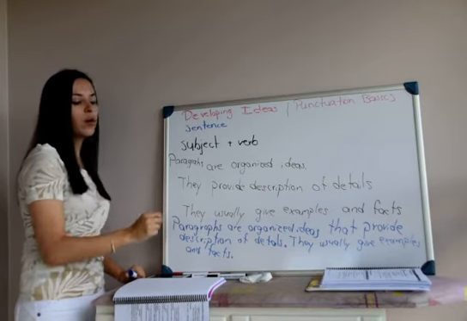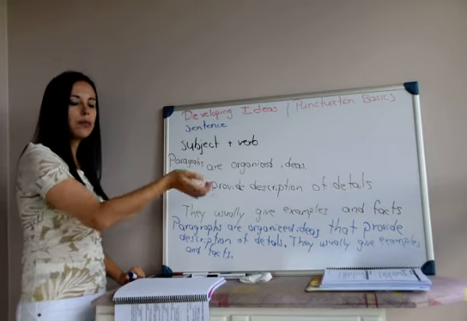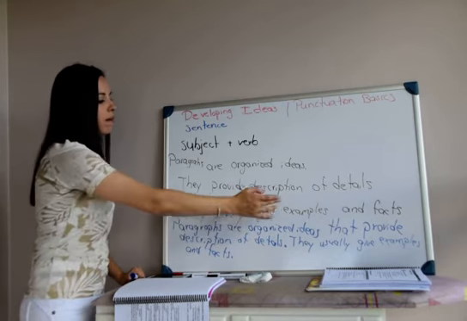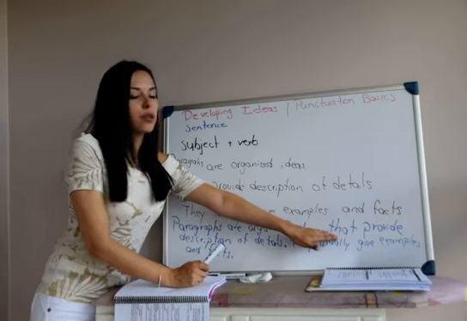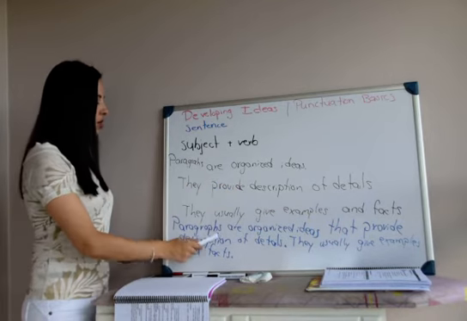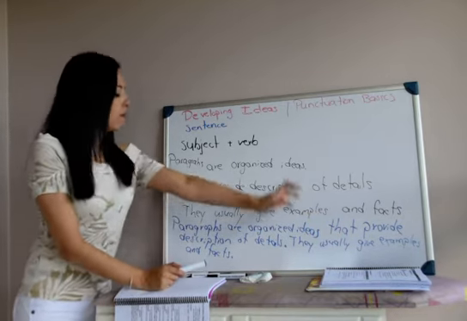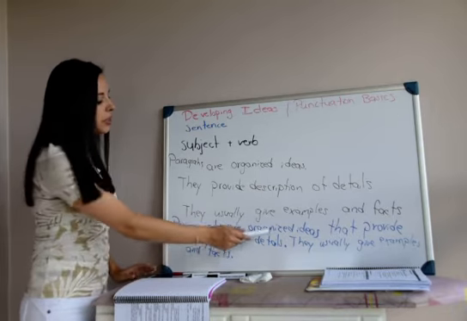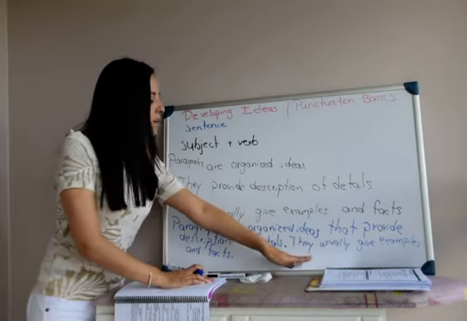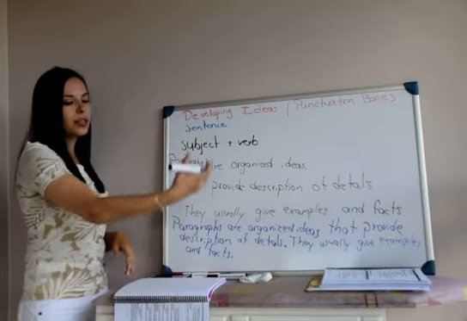And see that we always keep subject and verb, subject and verb, subject, verb, complement. In this case, that would be a subordinating conjunction referring to paragraphs. Provide description of details, period. Again, we have the subject, adverb of frequency, and verb.